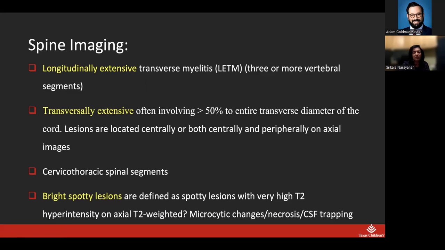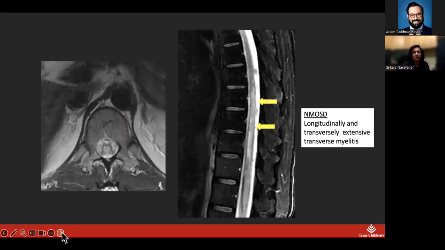And then sometimes you can have these little bright spotty lesions, which are defined as lesions with very high T2 hyperintense signal. We don't know, it could be microcystic changes or necrosis or some CSF trapping along that central ependymal lining. But that also could be a clue for NMOSD or other longitudinally extensive transverse myelitis.